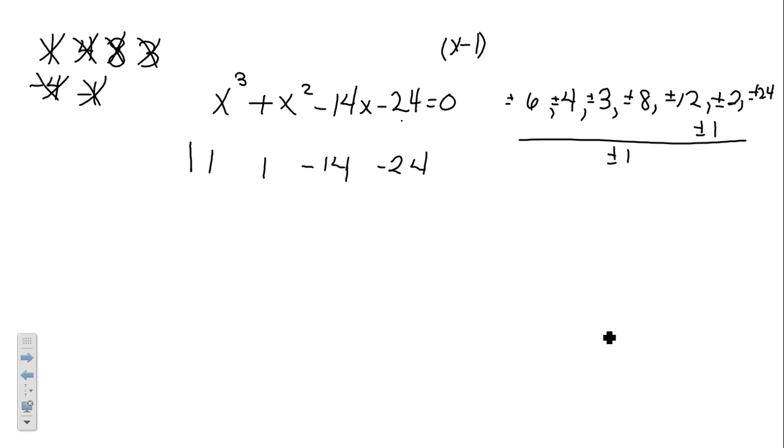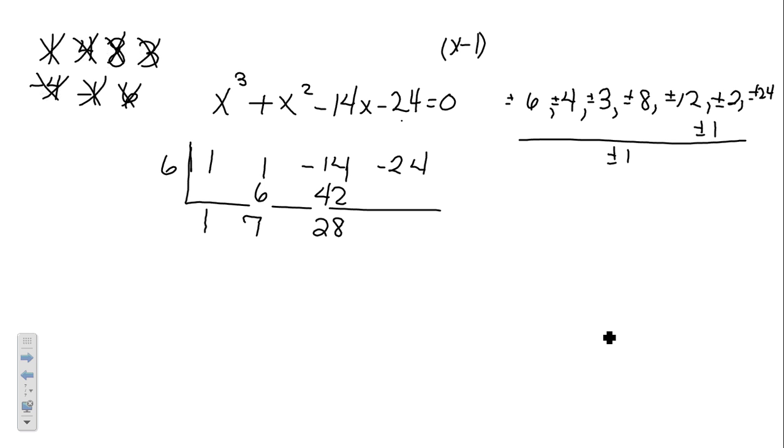Let's try 6. 30, or 30. Oh, 7. Thank you. I'm trying to multiply. 42. 14 minus 42. Yep, and 6 times 28 is going to be way too big.